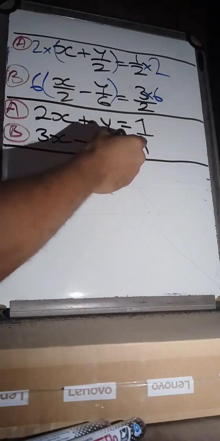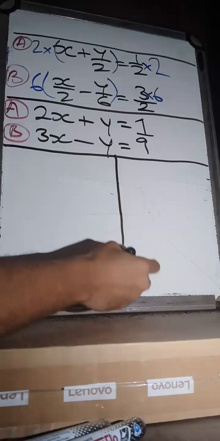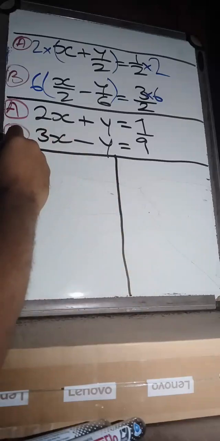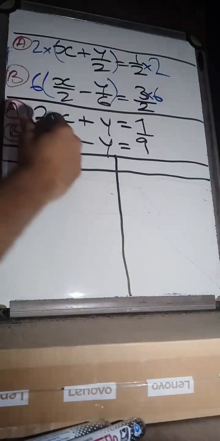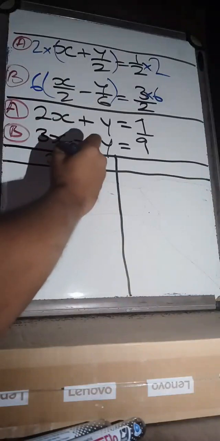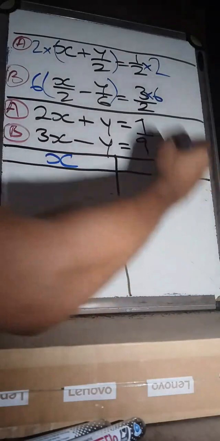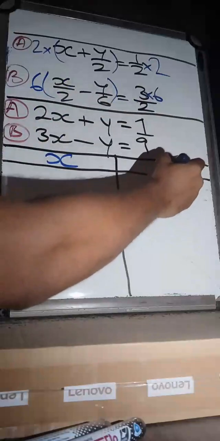So now we're going to create a situation for our x's and our y's, right? So we'll do something for the x's and then we'll do something for the y's. Now, funny story, we don't have to do anything with the y's because they have the same number in front of both of them.